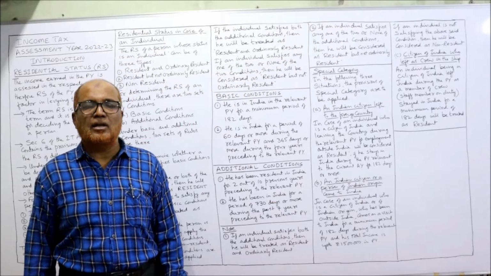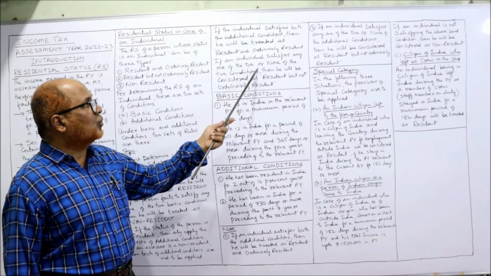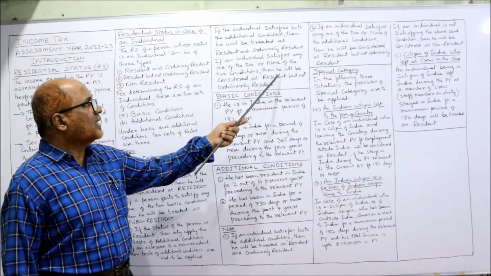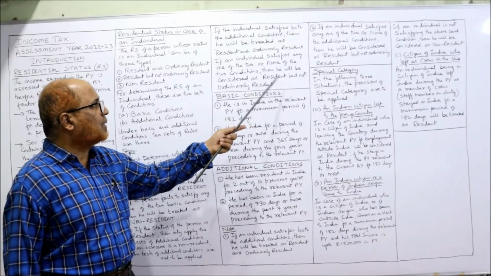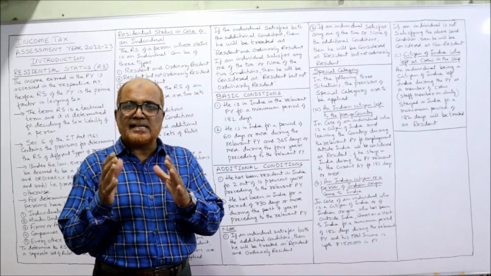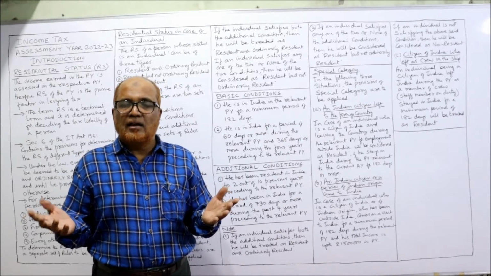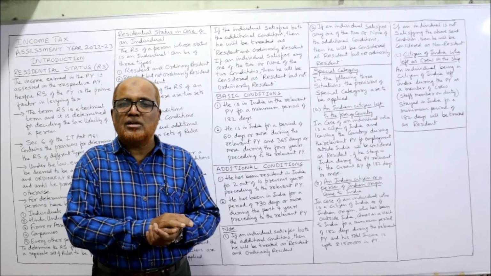Now secondly, if an individual satisfies any one of the 2 or none of the 2 conditions, then he will be considered as a resident but not ordinarily resident. See, if an SSC satisfies the basic condition, he is a resident. Now we are checking the additional condition.